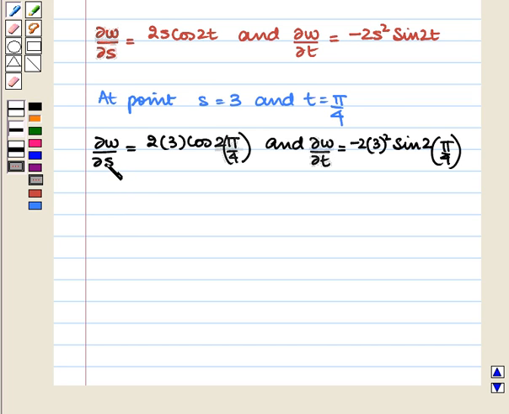So del w by del s is equal to 6 cos of pi by 2 and del w by del t is equal to minus 18 sine of pi by 2.